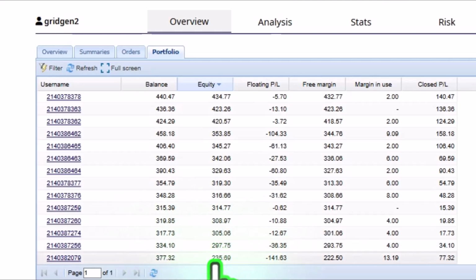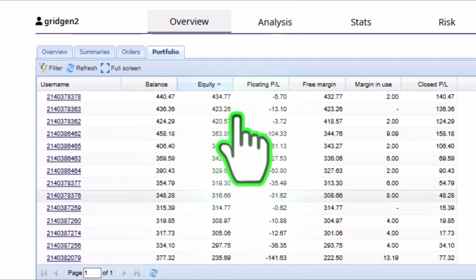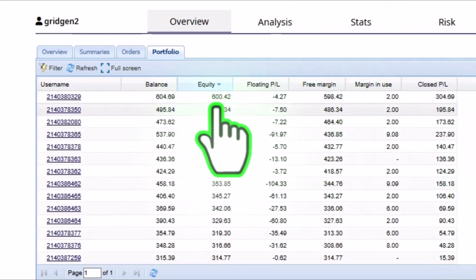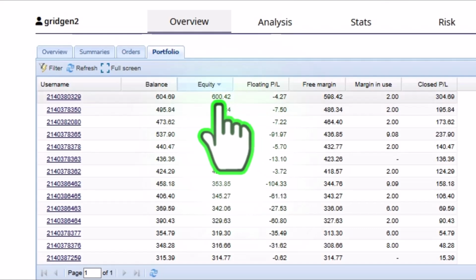So 2 out of the 20 are slightly struggling, but the profits that the others have made, if you look up here or there, you just need to double your account with one of those, and you cover all the losses of the other EAs. So that gives you an idea of what we're doing. We're trading 20 in a portfolio, and it's doing very, very well.